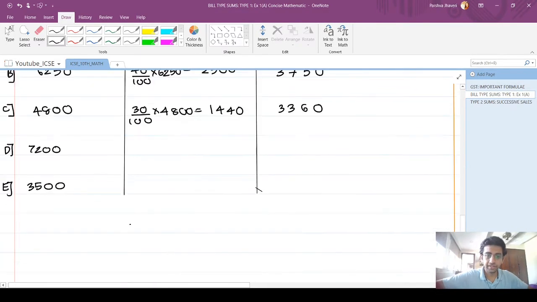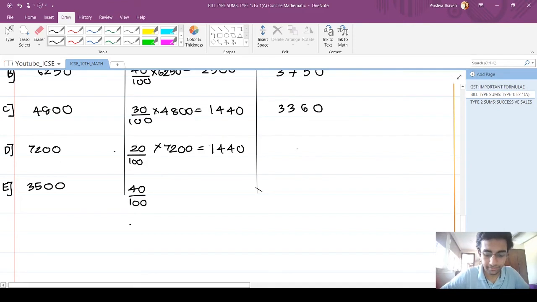E gets 40% off. It's 20 by 100. That's 20%, and E gets 40% off. This would be pretty helpful. Let's find out this. And 7,200 minus 1,440 will give us 5,760. Let's calculate 1,400 is nothing but 2,100.